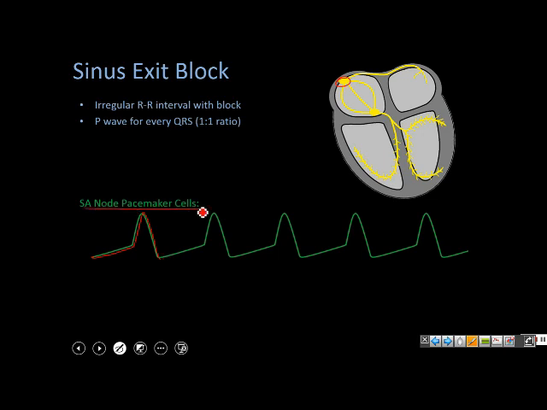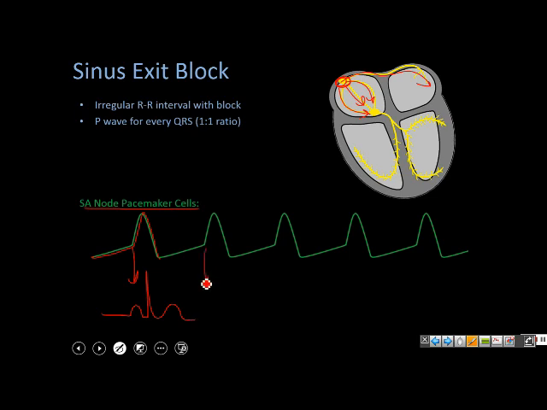This shows that those cells are creating electrical impulses. Well, each time that happens, the SA node sends that electrical impulse across the atria, and it produces a heartbeat. First the P wave, and then QRS as it spreads down through the ventricles, and so on.